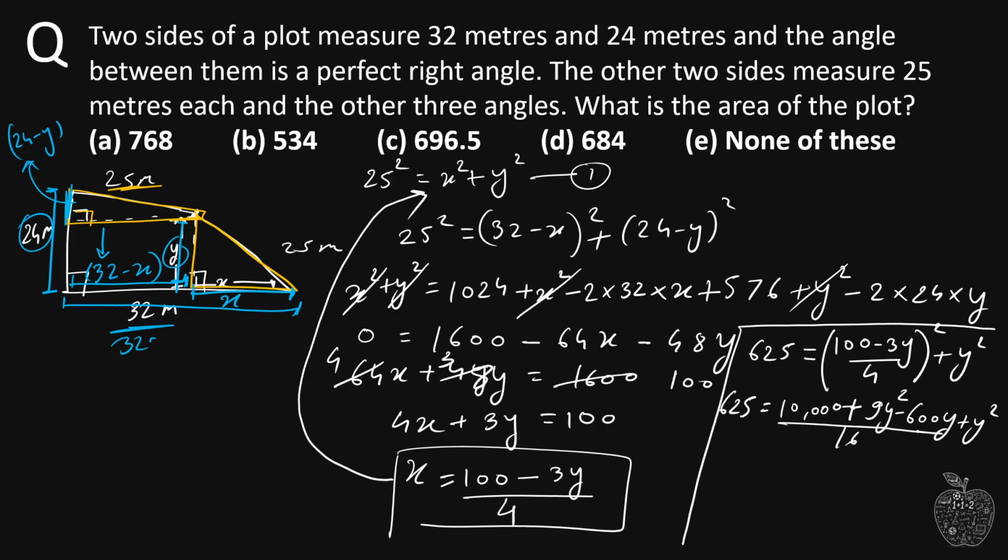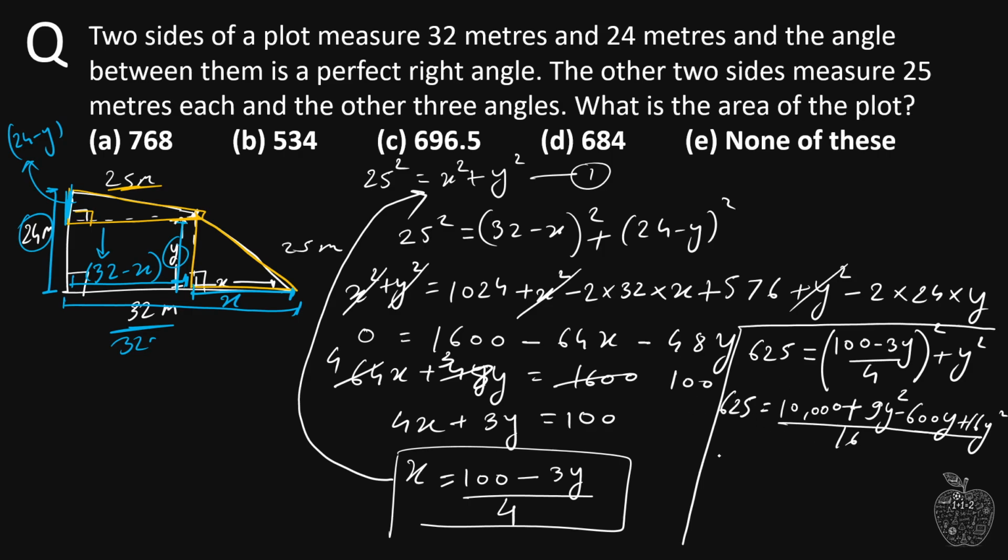Now let's take the LCM overall, and this 16 will get multiplied with this y square, so we get 16y square. I hope you are understanding this, because this is a basic solution only, so there is nothing much complicated.